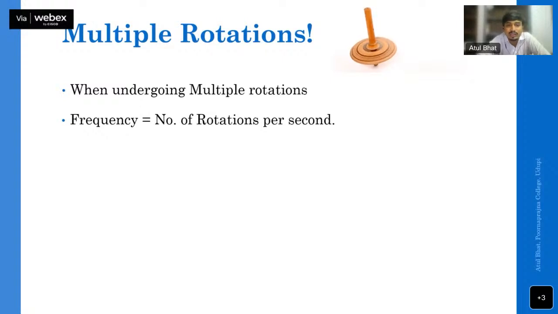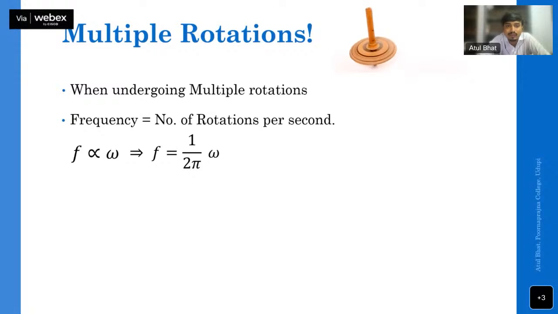Therefore, for any object going in a circular path, the number of rotations per second is given as the frequency of this rotation. And this frequency is directly proportional to angular velocity. The proportionality constant is nothing but 1 by 2 pi.